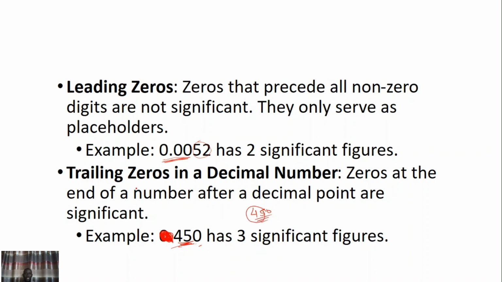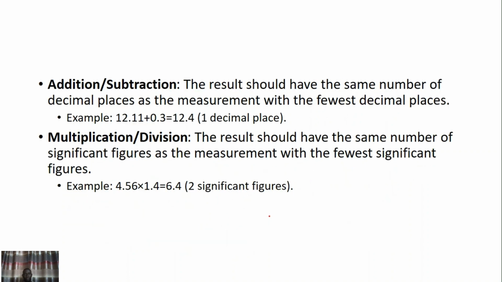The reason is that this rule applies to decimal numbers. In a non-decimal number, the zeros that follow the end of the non-zero numbers are usually non-significant if they are not between non-zero numbers. For example, if there's another number here like 2, then this zero becomes significant. Take note of that.